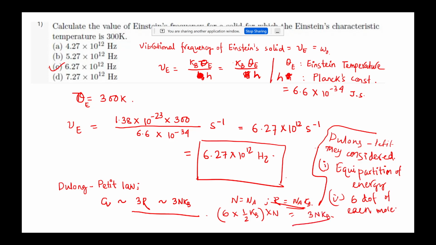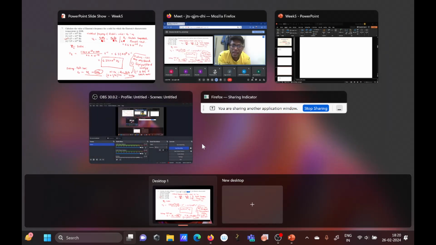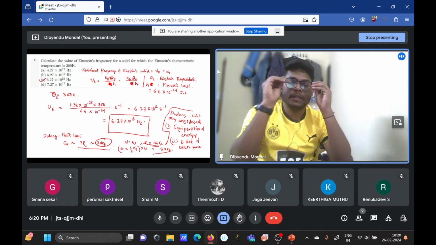But if you notice here, there is no temperature dependence. So what they are saying from the Dulong-Petit law is that the heat capacity at constant volume will be the same at low temperature as well as at higher temperature.